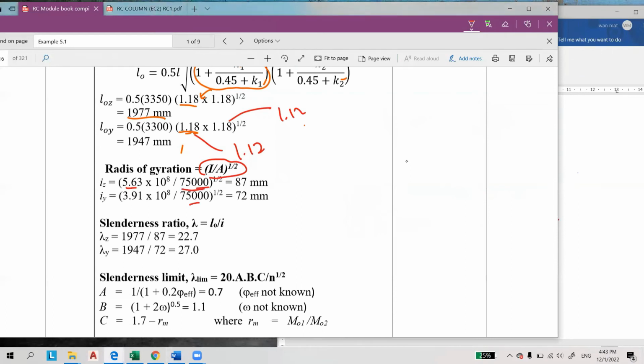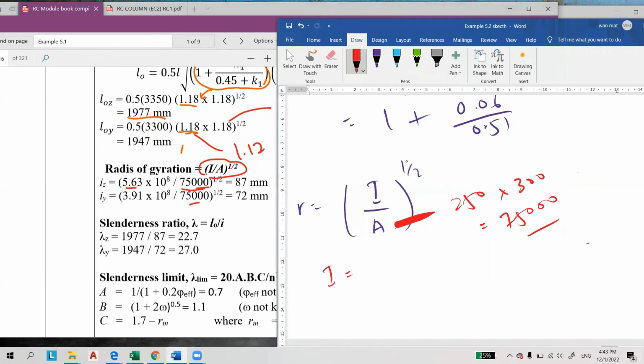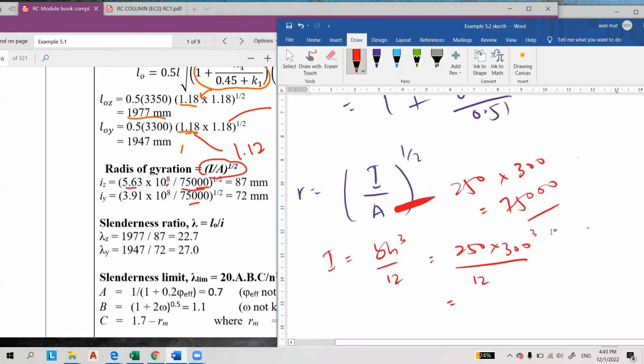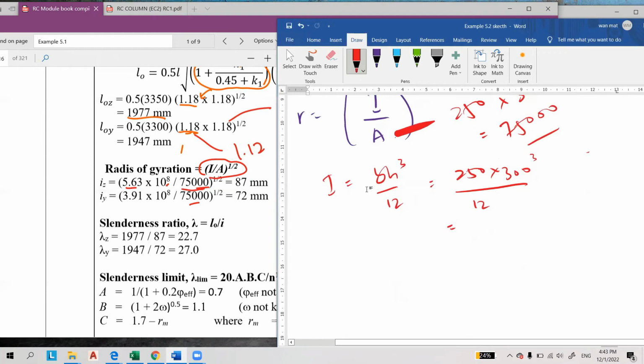So the I is equal to BH to the power of 3 over 12. So B is 250 times 300 to the power of 3 divided by 12. Is it similar to the answer? Yes, similar.